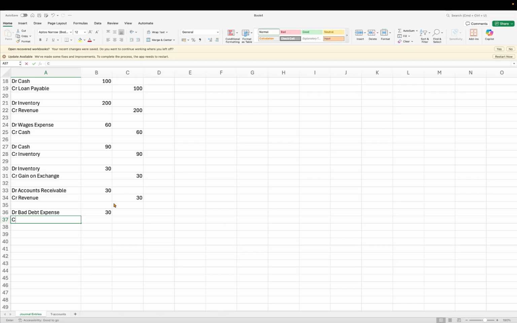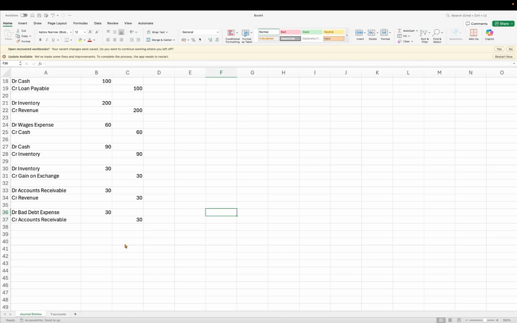At the same time, we've got the accounts receivable asset, which must be removed. It goes as 30.